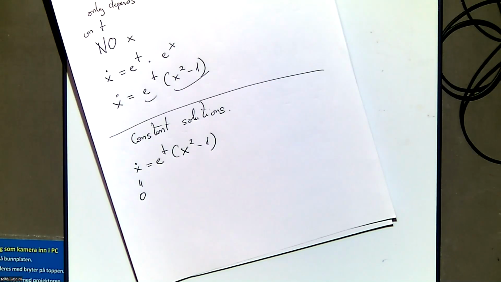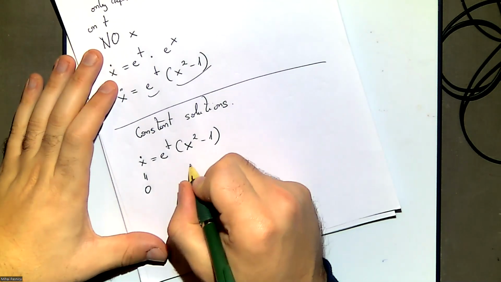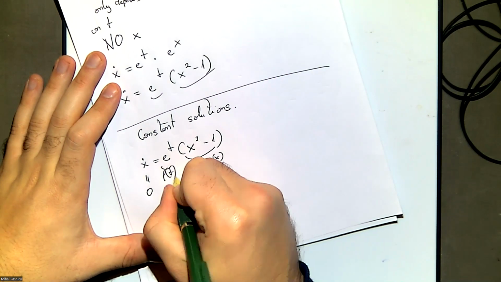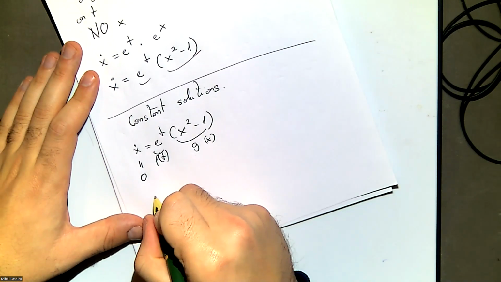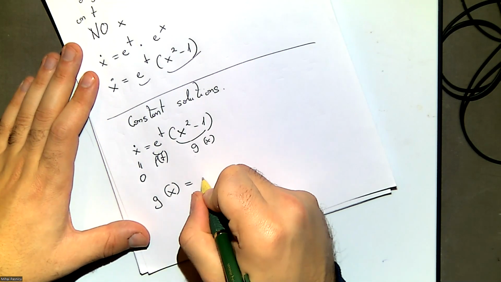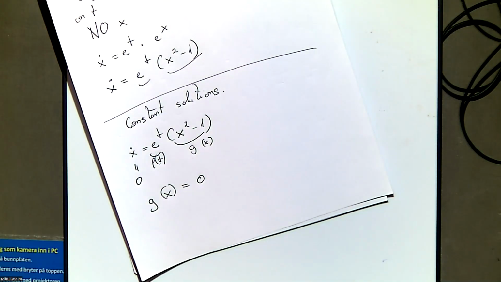Now, since t is time and it flows and it doesn't care about you, you can't say that that is 0. So what you do when you're looking for constant solutions, you just say, this is g of x, this is f of t. The whole idea is to look for x's such that g of x is equal to 0.